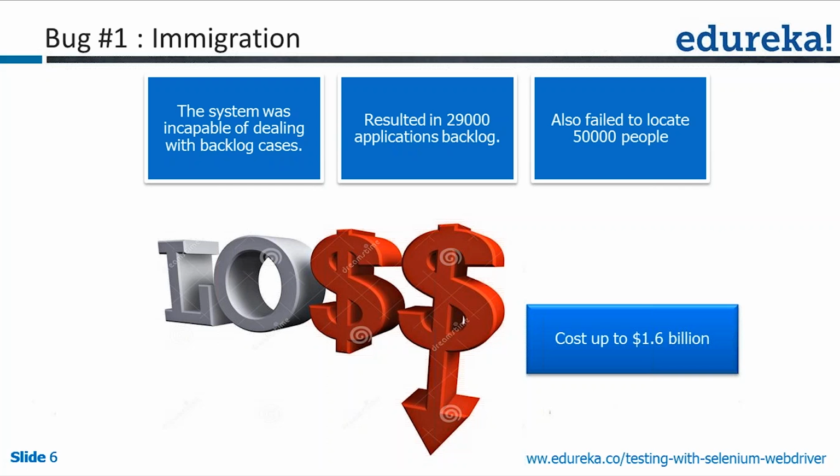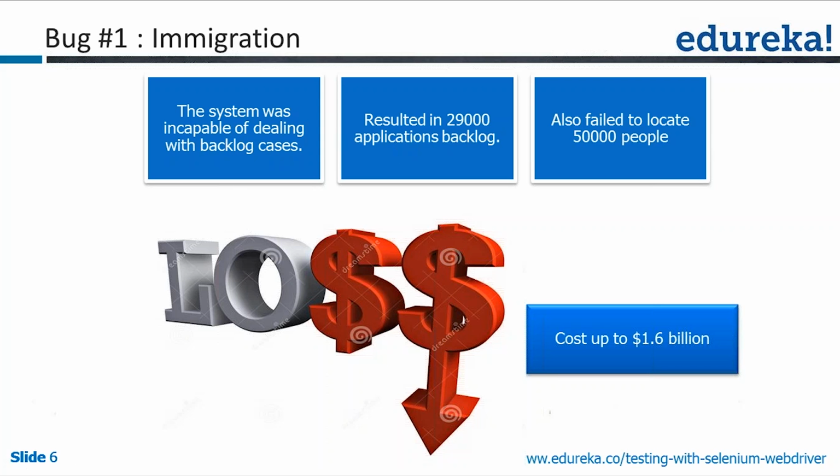And due to this bug, the authorities failed to locate more than 50,000 people. And when they resolved this issue, the overall loss for the company was up to $1.6 billion. It's a huge loss due to a single bug. Okay, and this bug became our $1 million bug.